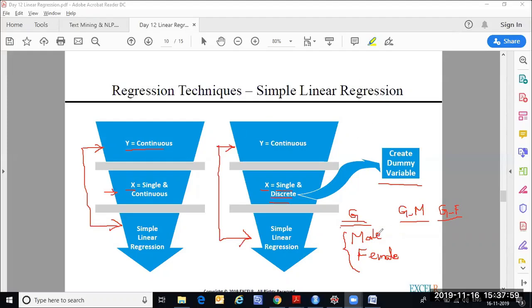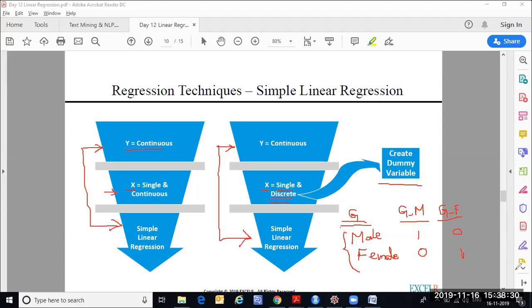If the first record has the value male, the dummy variable of male would be marked as 1 and the dummy variable for female would be marked as 0. When the value of the next record is female, the dummy variable of male will be marked as 0 and the female one will be marked as 1.